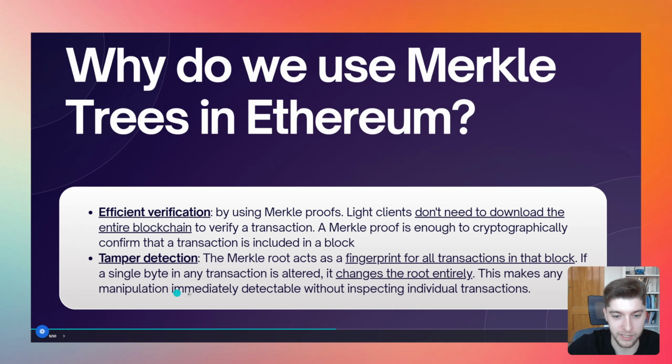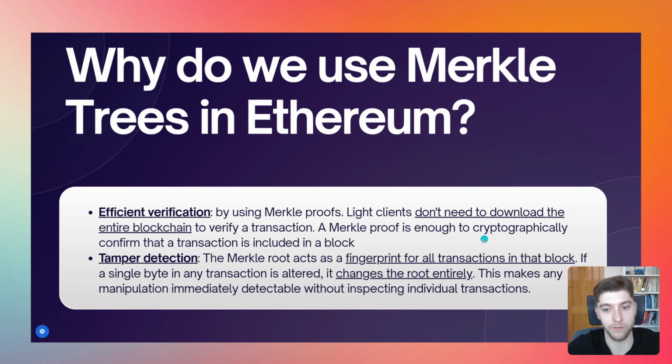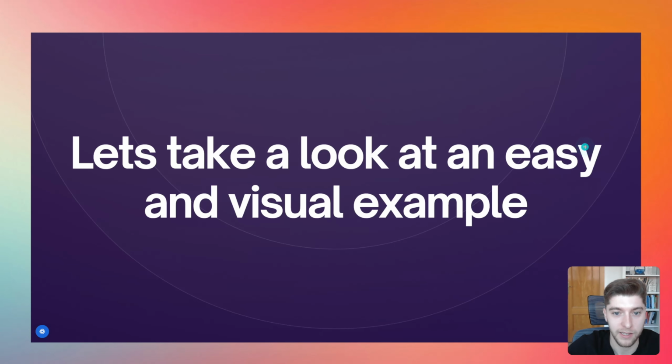And this makes any manipulation immediately detectable without inspecting individual transactions, which again is extremely important if we want to scale it, because we wouldn't want to check every single transaction to see if it's been tampered with. We can just have a look at the Merkle root and verify that indeed it's the same Merkle root as expected. So let's take a look at an easy and visual example of a Merkle tree.